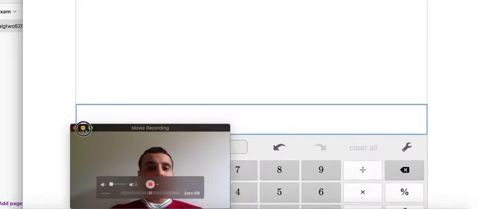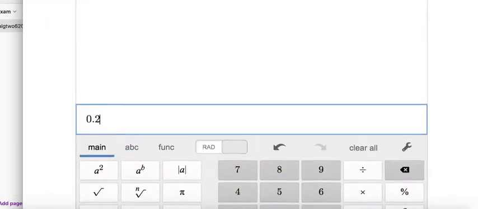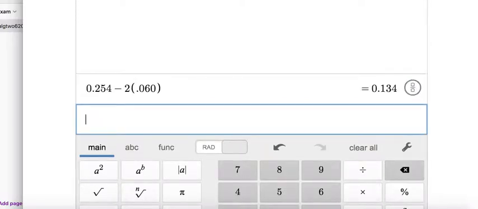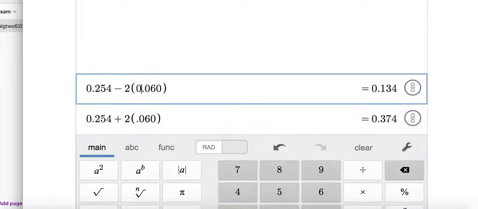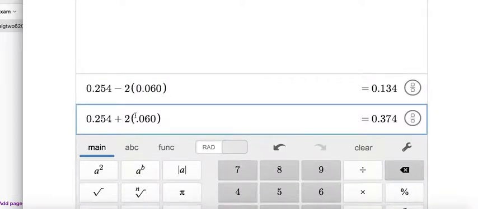So what I'm going to do is go into here. I'm going to minimize me for now. So it's 0.254 minus 2 times 0.060, which is 0.134. That's 13.4%. The other one when I add, I get 0.374. All right? You don't have to put the 0 in front of the decimal if you don't want to, because it doesn't affect the value, right?